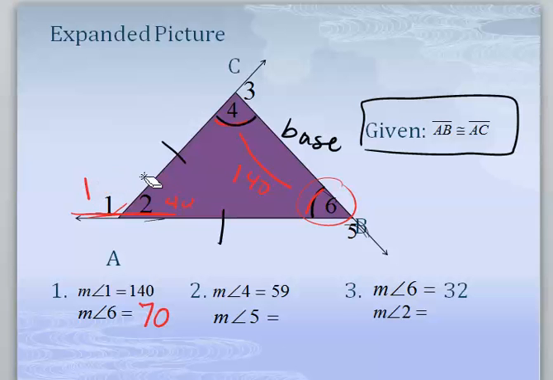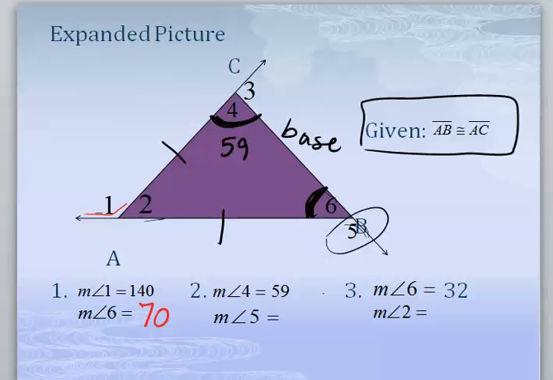When I change problems, I'm going to take away the 140 and the 40 degrees. I do still know that 4 and 6 are the same because my given information off to the side is true for every problem. Number 2 says that the measure of angle 4 is 59 degrees. Find the measure of angle 5.